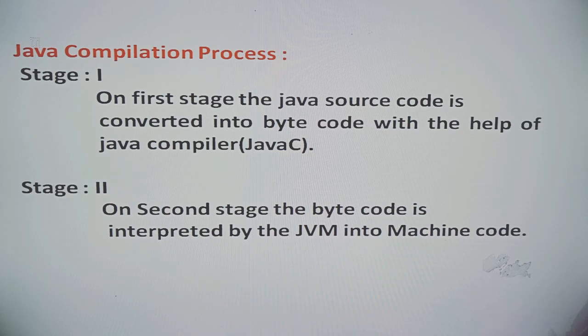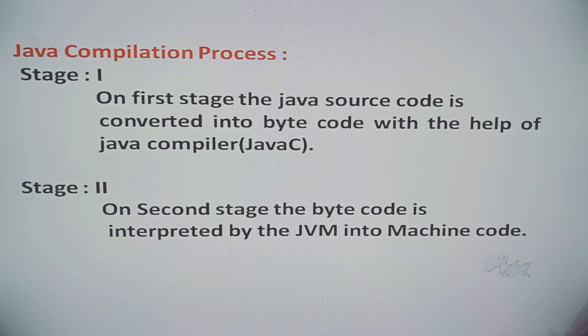As I already told, the Java compiler's name is javac. So on the first stage, whatever code we type in BlueJ will be compiled. After compilation, what will be generated? Bytecode. The bytecode file extension is .class and the source code file extension is .java, which we have already discussed.